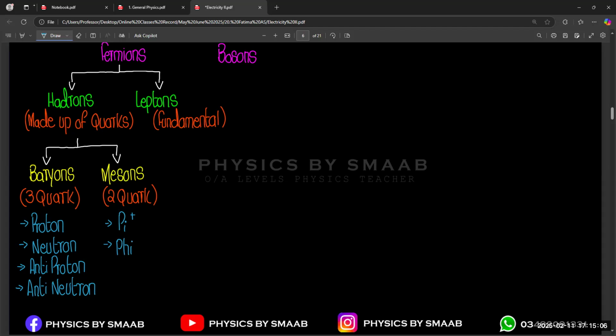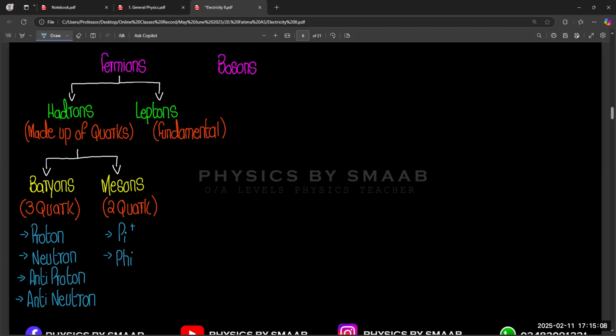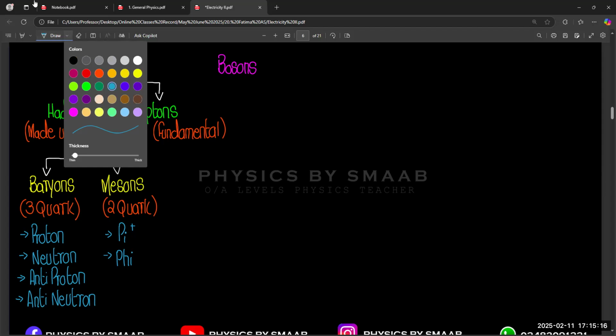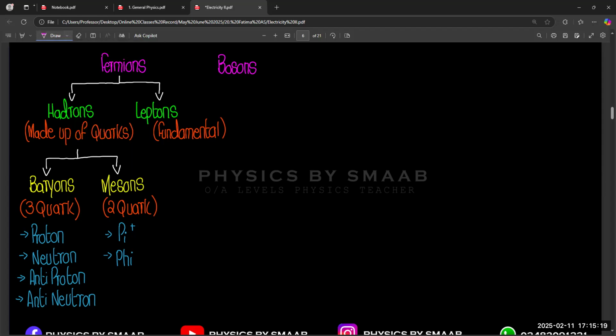And after this, if we move on to the next category, leptons, leptons are themselves fundamental. If we write down the names of these fundamental elements, first of all, we have electron. Second, mu is the second particle.